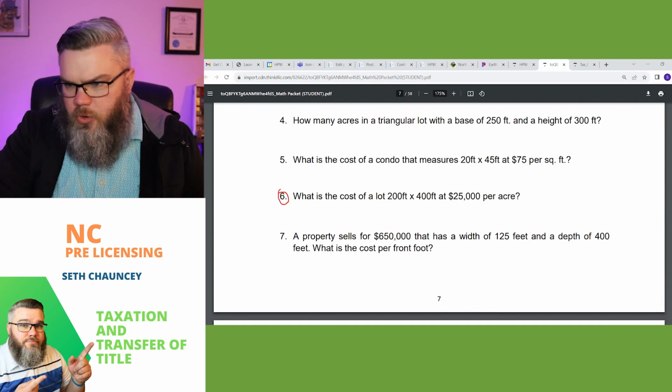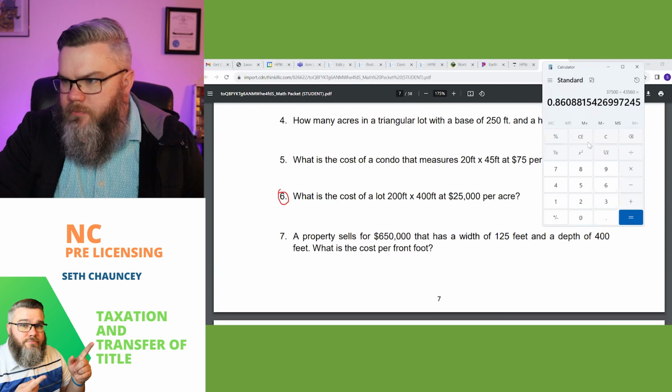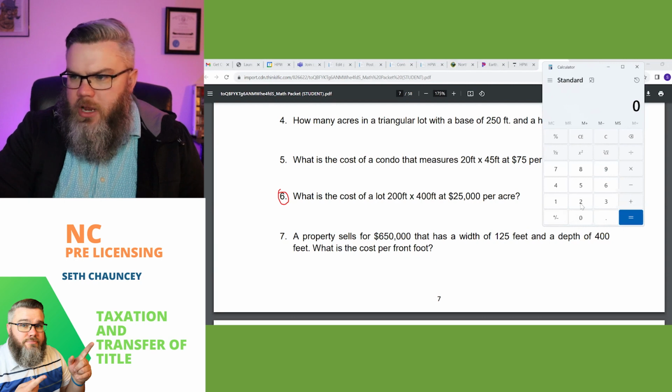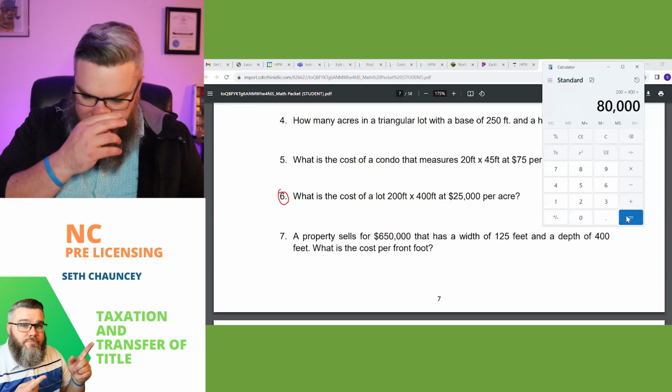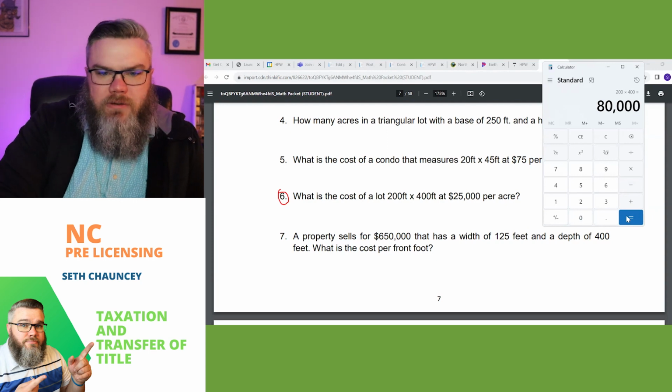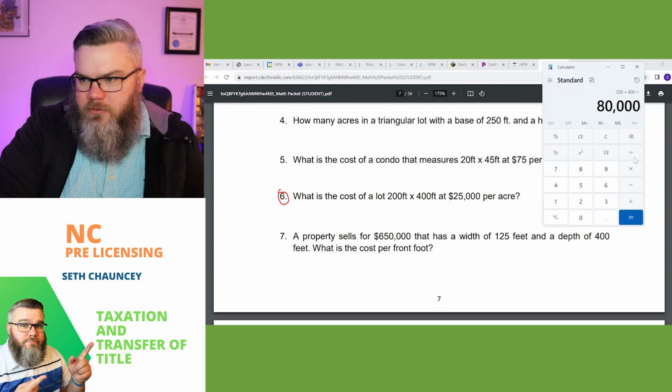So, multi-step math problem yet again. What is the cost of a lot that is 200 feet by 400 feet at $25,000 per acre? So you've got 200 feet times 400 feet, which gives us our square footage, but that's not the unit of measure we're dealing with. We know the price per acre, so we need to convert it to acres. Divided by 43,560.